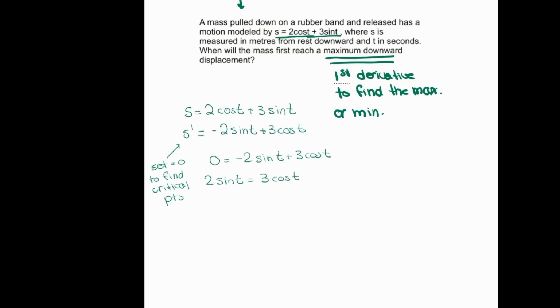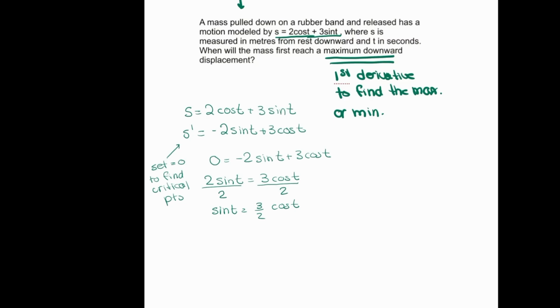Now I'm going to reverse the order. I want to solve for t, so I'm going to get rid of the 2 in front. So sine t is equal to 3 over 2 cosine of t. There's nothing that says we can't write it like that.